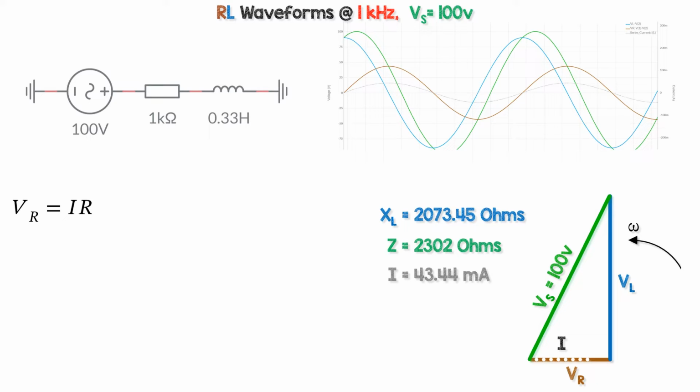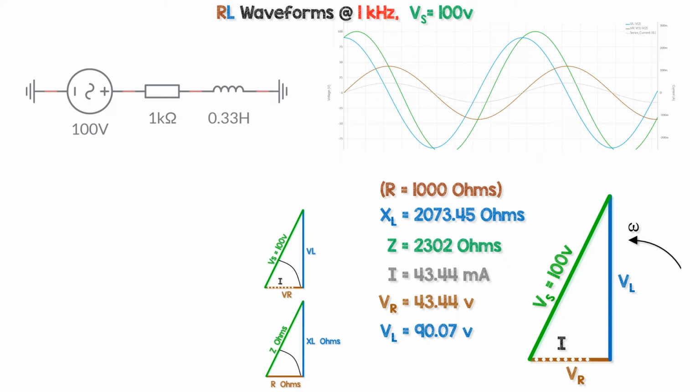The resistor voltage is I times R. And the resistor voltage will come out as 43.44 volts. The inductor voltage is the current times the inductive reactance. So the inductor voltage will come out as 90.07 volts, which has gone up quite a lot.